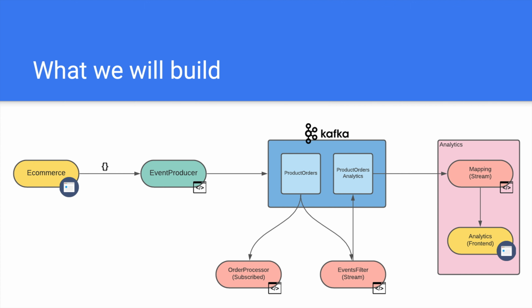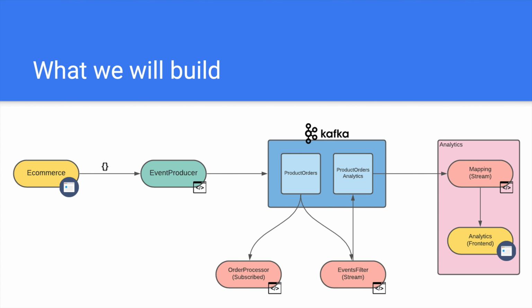So what we will build now is a very simple e-commerce themed system. And as mentioned earlier, we will try to implement the two models we talked about, which are PubSub and event streaming. So we start off with the front end or the e-commerce website where a customer would order products.